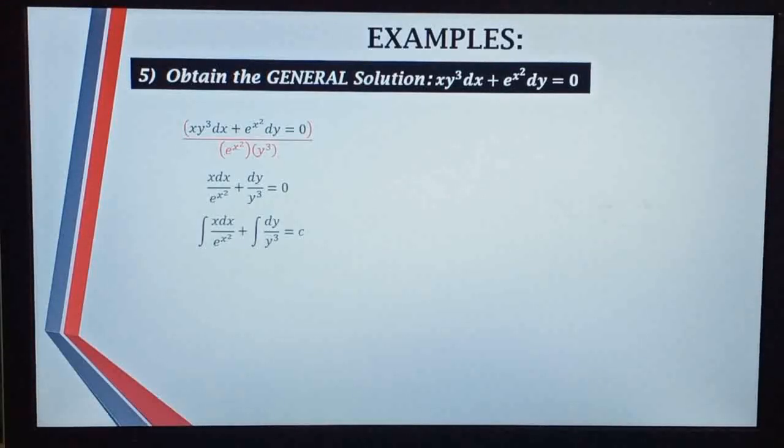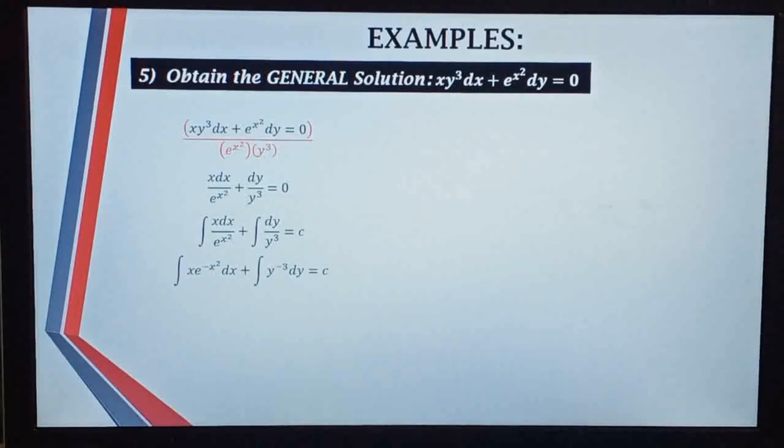So, since separated na siya, pwede na tayong mag-integrate. Pero if you will notice, mahirap siyang i-integrate ng ganyang form. So, all we have to do is to arrange the equation kung saan mas madali siyang i-integrate. So, pwede nating itaas yung denominator ng both terms.